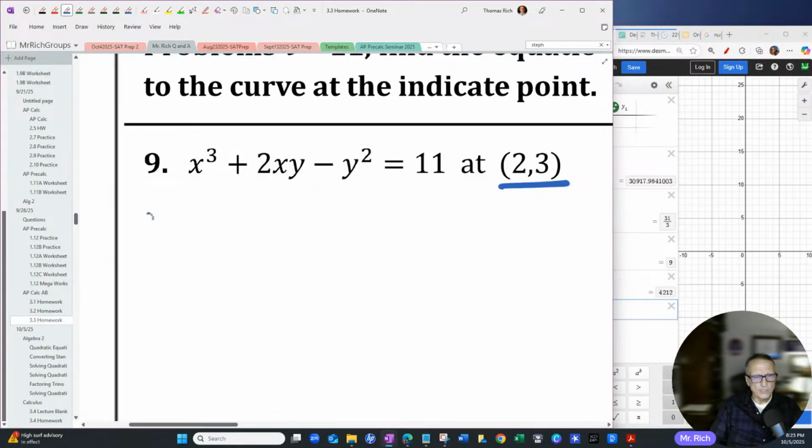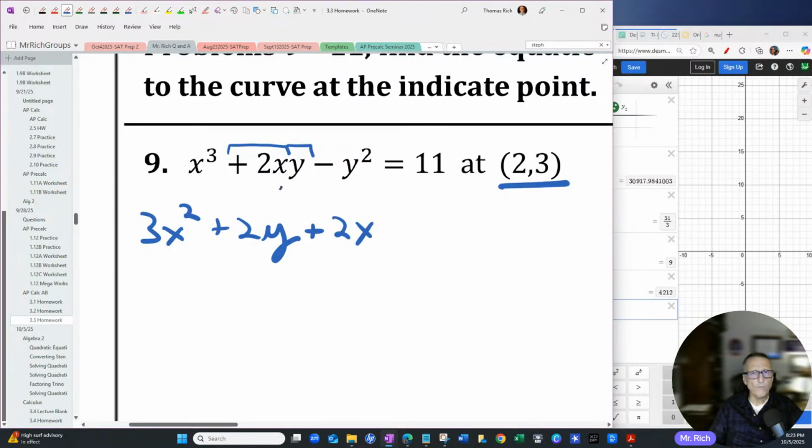This becomes 3x squared. When we take the derivative of this, it's a product rule. So I have to be ready to use whatever rule pops up. And this is two functions being multiplied. Therefore, I have to use the product rule. So I take the derivative of the first function, the derivative of 2x is 2, times the second, which is y, plus the first function 2x times the derivative of the second.